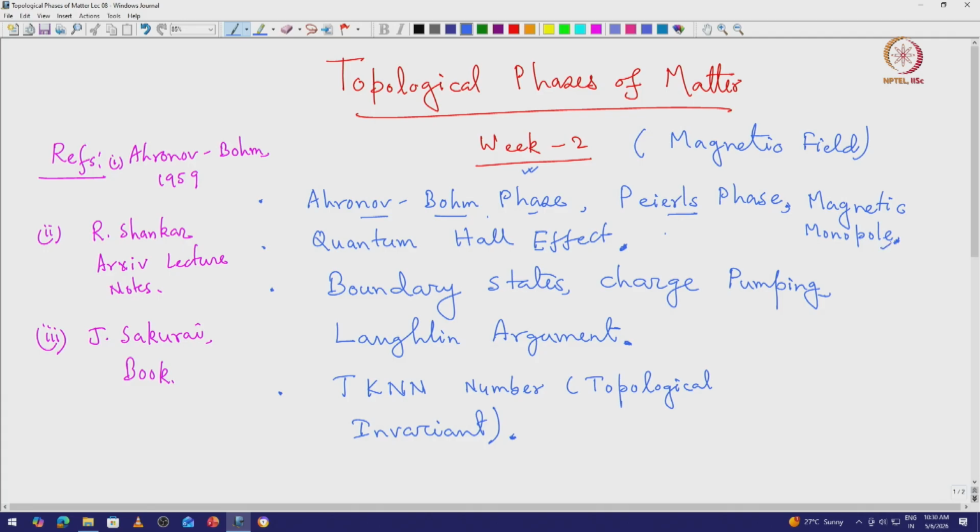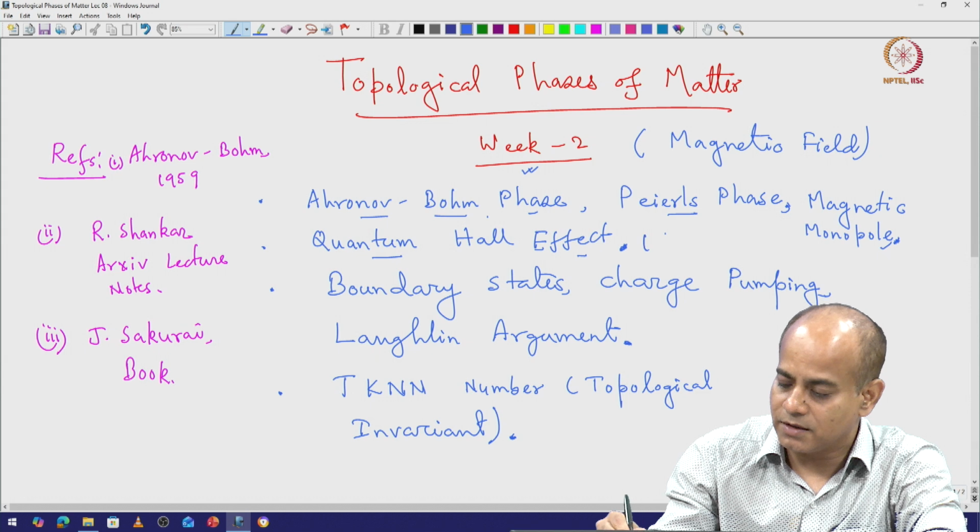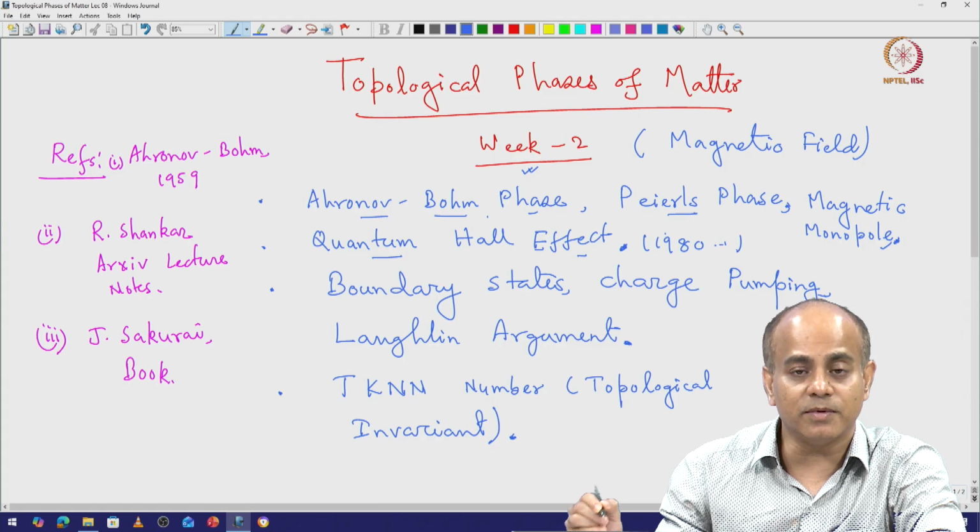Okay. And then we will talk about the quantum Hall effect, and this pretty much is the first thing that gave us the idea of topology in condensed matter, although this was done, I think, in the 1980s. I am forgetting the exact date, probably 84.